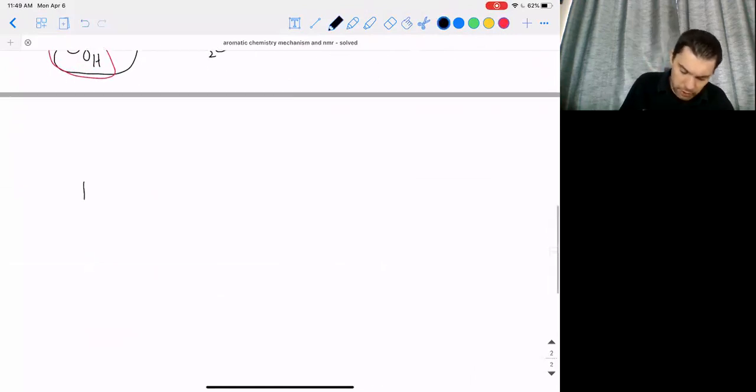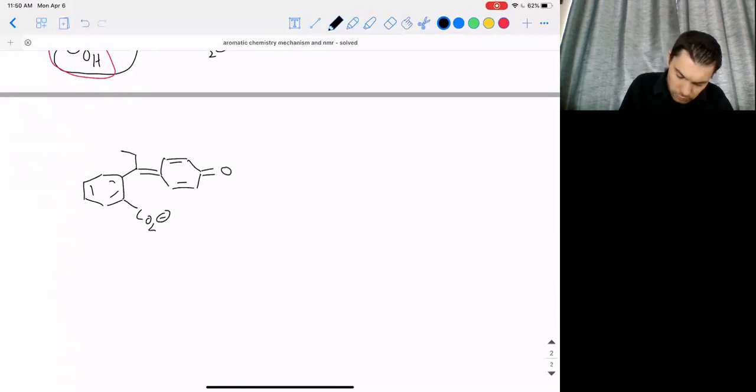And so if I redraw this species, it looks a lot like there should be, and I'm going to count these here in red, 1, 2, 3, 4, and then 5, 6, 7, 8, and those are the same.